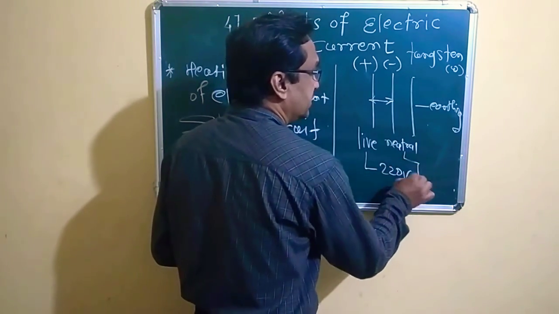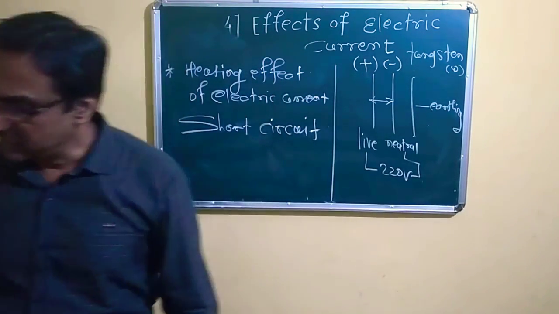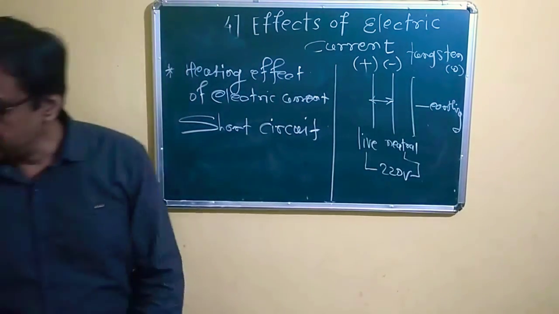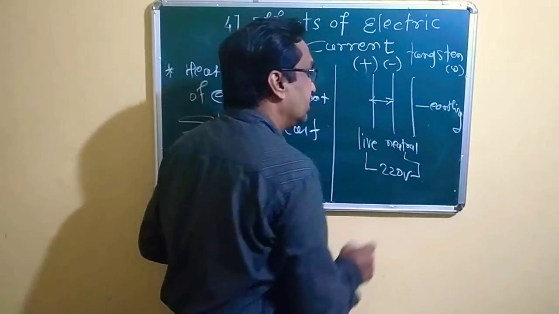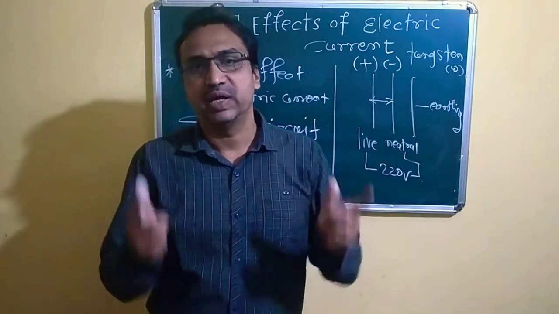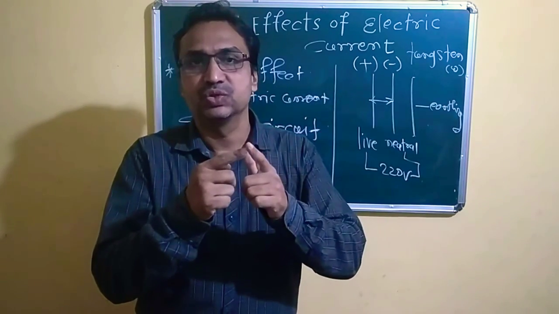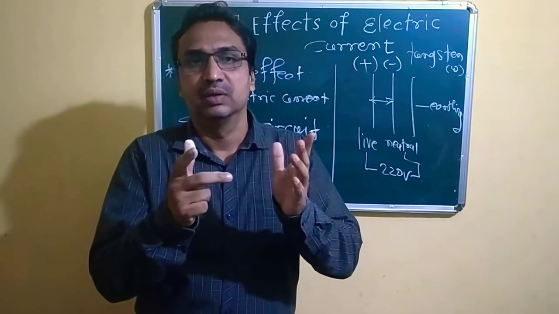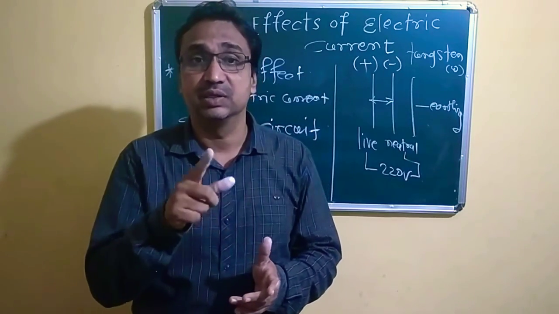220 volt is there. Okay, if the insulation of these two wires, the live wire and neutral wire, goes away for some reason, and they are in direct contact with each other, then a large amount of electric current flows in the circuit.